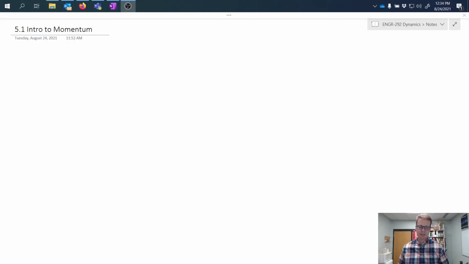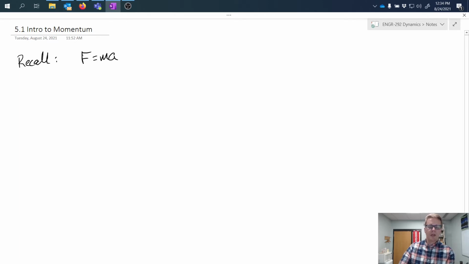analyze that system. So to start with, we're going to recall our basic equation F equals ma. Now, knowing that acceleration is simply the first time derivative of velocity, we can rewrite this equation by substituting in that time derivative and then writing this as mass times velocity.